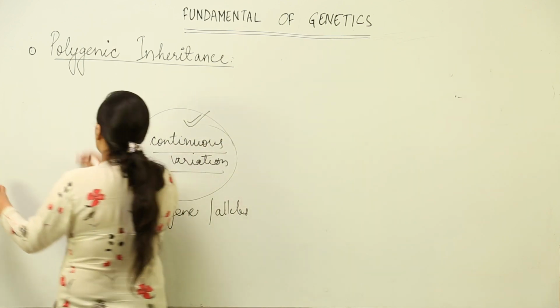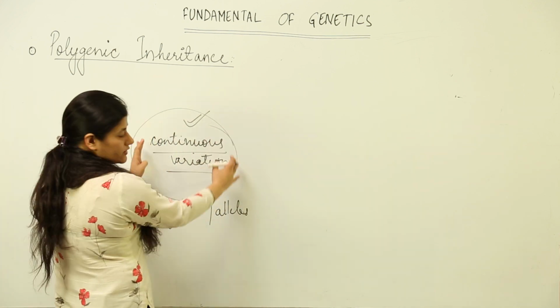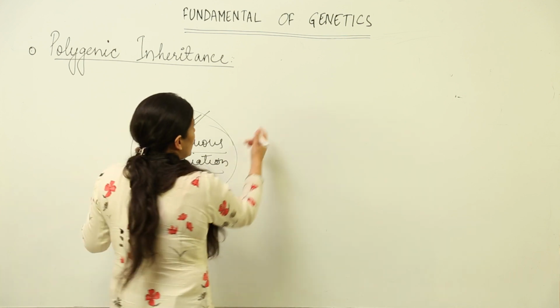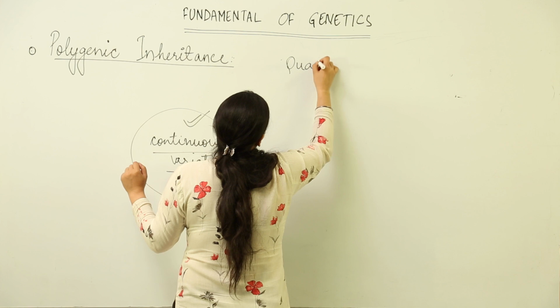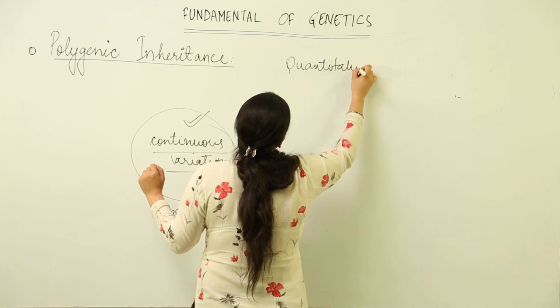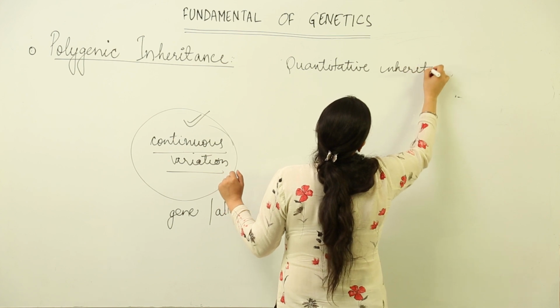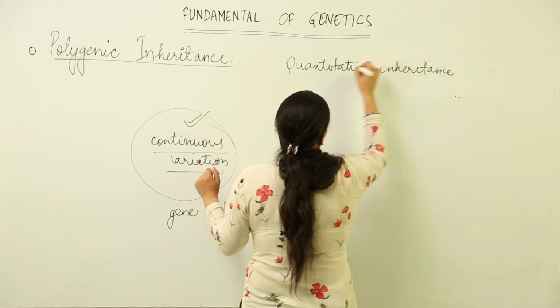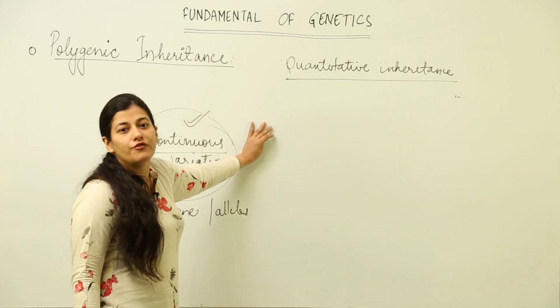Before we study polygenic inheritance, we have to see that this continuous variation is occurring as a result of quantitative inheritance, where the number of alleles present determines the expression of phenotype.